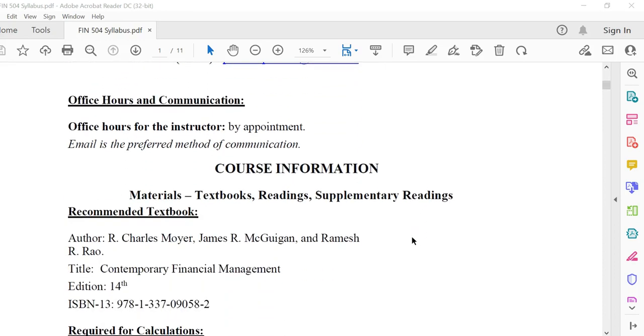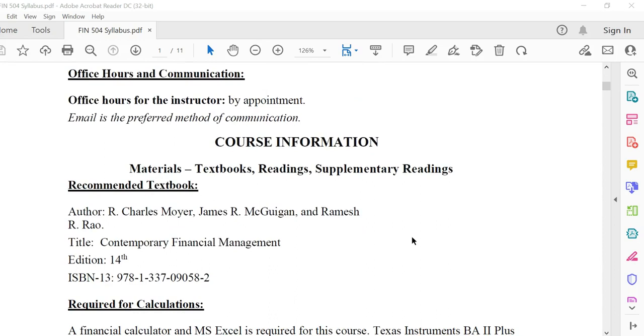As far as course related information is concerned, we will use the book by Moyer, McGuigan, and Ramesh, Contemporary Financial Management, 14th edition for this particular course. Other than that, you will need to have a financial calculator.